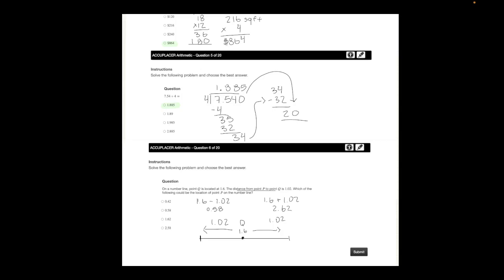Now, these two numbers are possibilities, but if we look at our answer choices, 0.58 is the only number that actually pops up. If you did have 2.62 in the answer choices, it would also be correct, but again, it only gives us one option here.